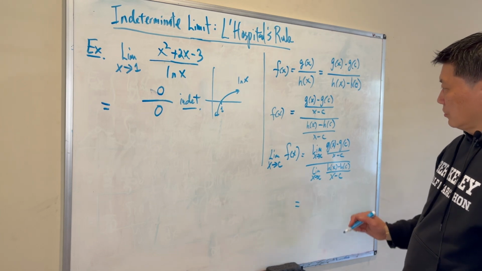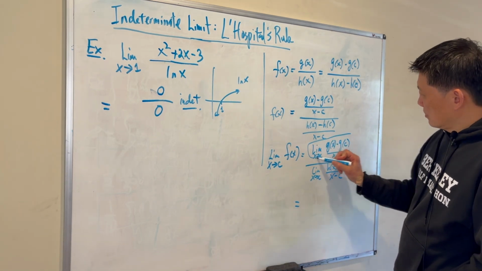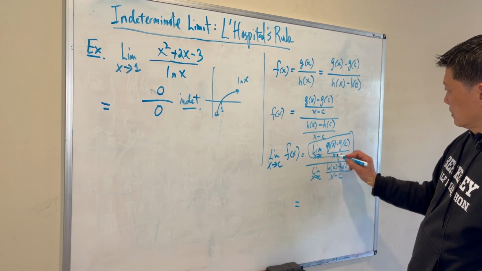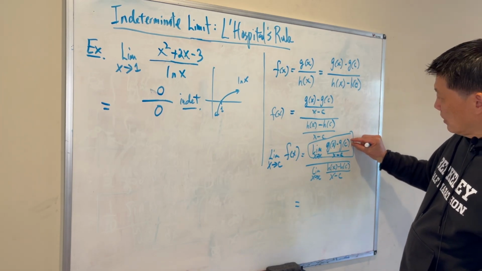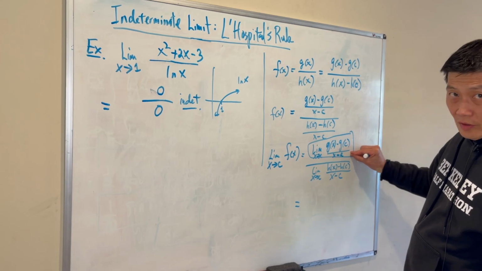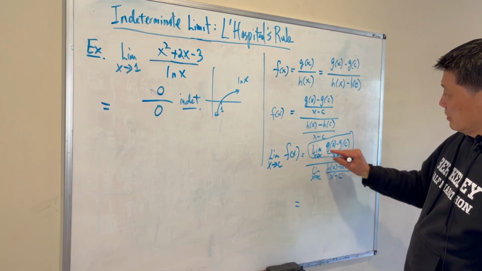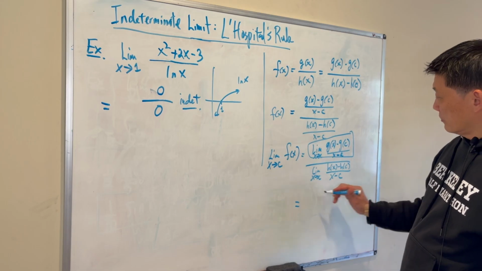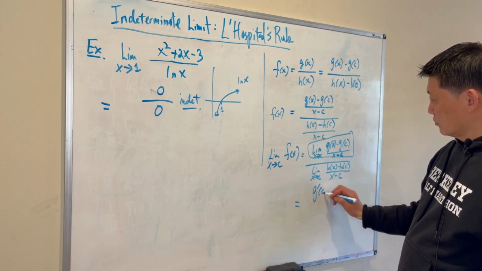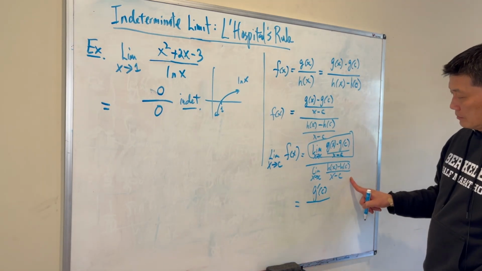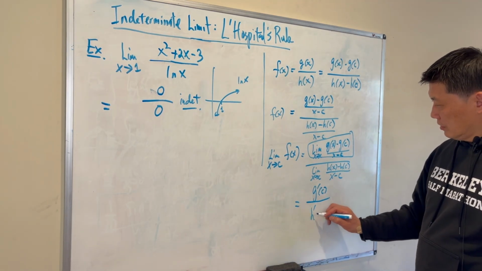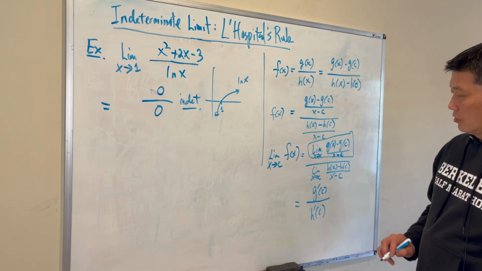You will notice that this is a small change of y over a small change of x. This is basically the limit definition of the derivative, and on the bottom, this is the limit definition of the derivative of h.